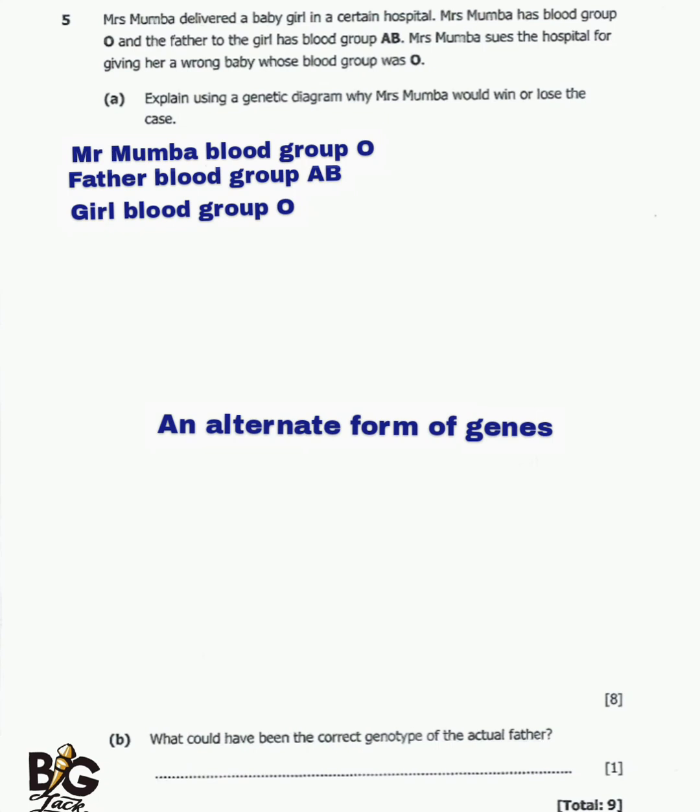Usually alleles are represented by pairs of letters. For example, capital letter A and capital letter B are alleles. Remember, for blood groups the allele is capital letter I. For example, the blood group of the father is AB.